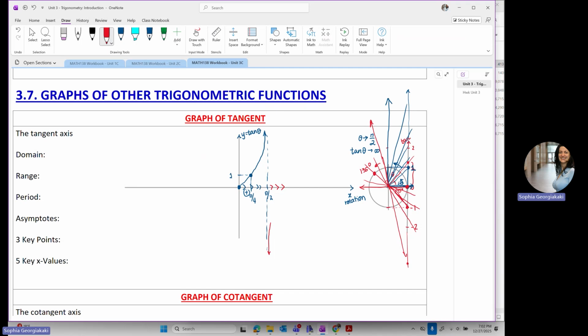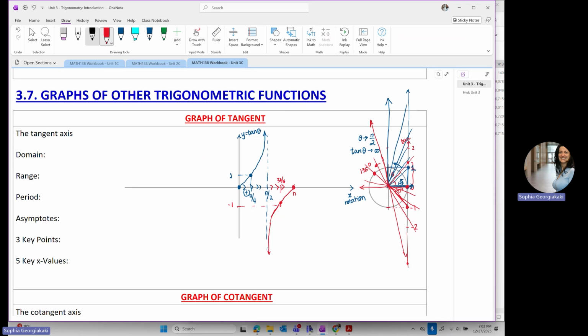So I will have a -1. At 3 pi quarters, I will have a -1 for my tangent. And then at pi, I will have a 0 for my tangent. So it's going to go like that.